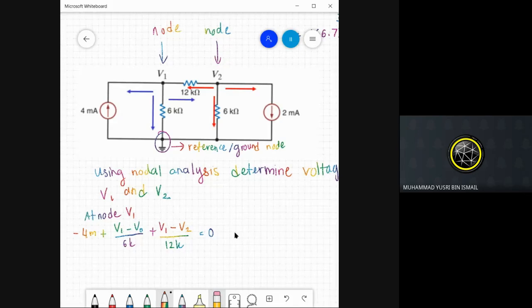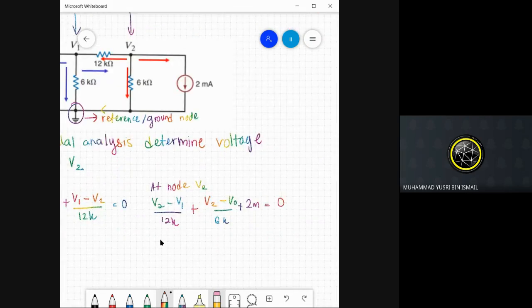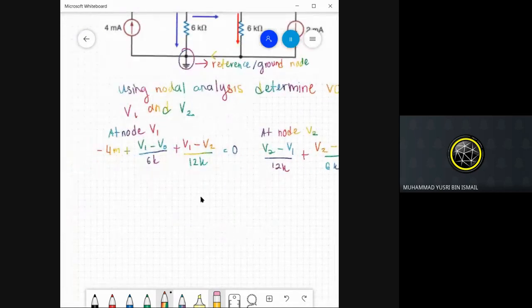Then the second part will be at node V2. Okay, V2 minus V1 divided by 12K, then plus V2 minus V going to the ground divided by 6K, then plus 2 milliampere equal to 0. Okay, you rearrange the equation.